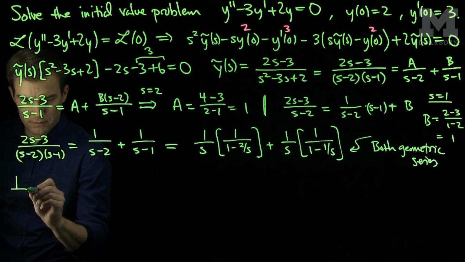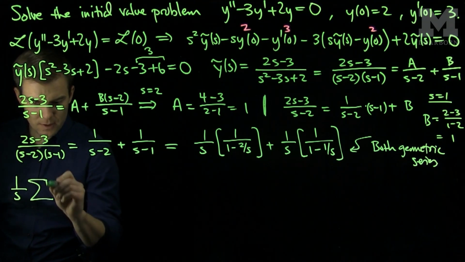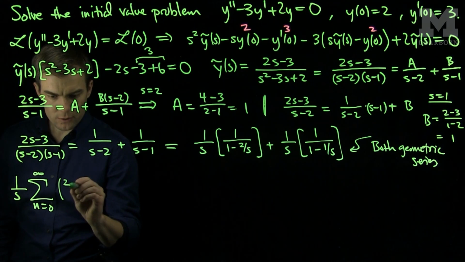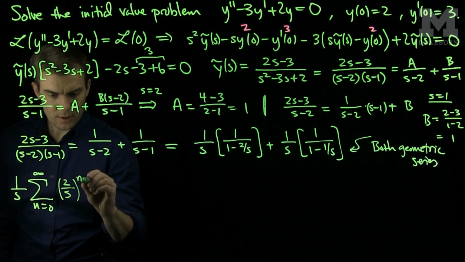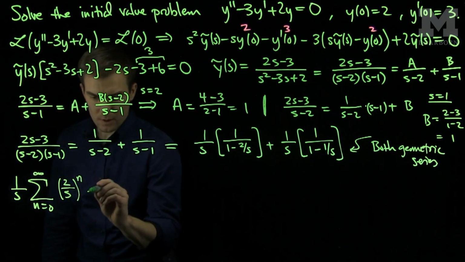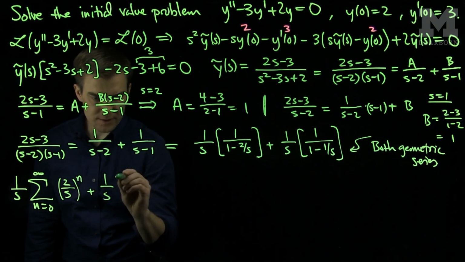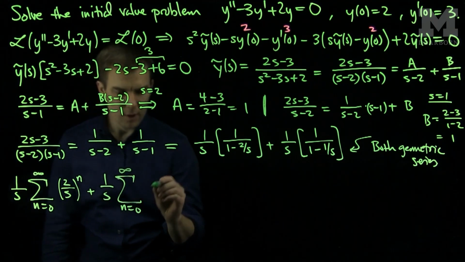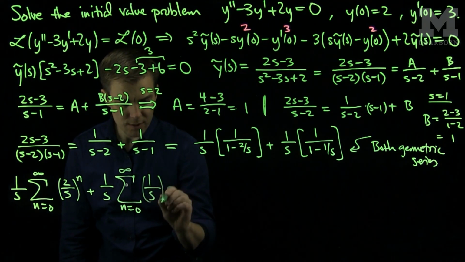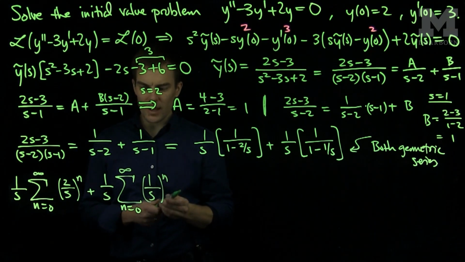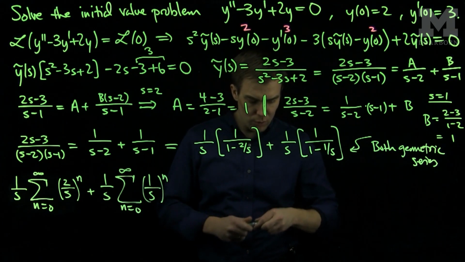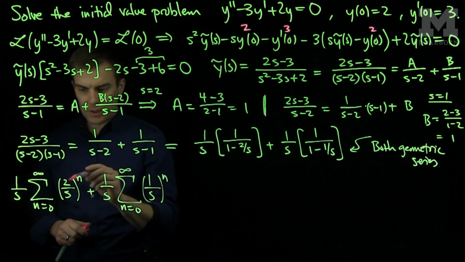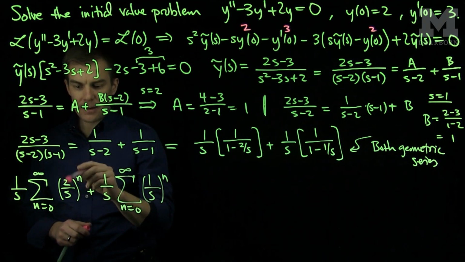The Taylor expansion for the first, I'll have a 1 over s, the sum from 0 to infinity of 2 over s to the power n, plus 1 over s, the sum, n goes from 0 to infinity, of 1 over s to the power n. As before, we will do our trick where we multiply the top and bottom of each of these series by n factorial.